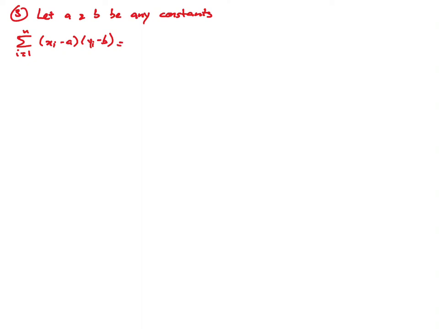It's going to be equal to (x1 minus a) times (y1 minus b) plus (x2 minus a) times (y2 minus b) plus all the way to (xn minus a) times (yn minus b).